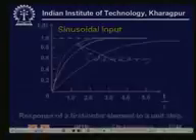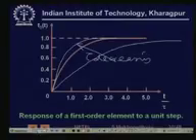Since most arbitrary waveforms can be thought of as a sum of sinusoids, sine and cosine waves, it is very useful to characterize the response of the instrument to sinusoids of different frequencies. This is called the frequency response, and this is very important for an instrument.